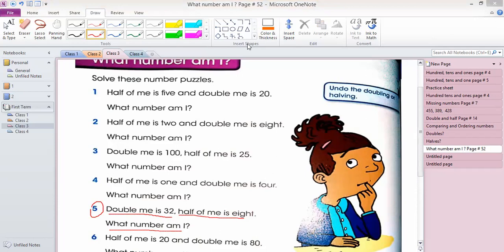Hamido, very good. Ahmad Yusuf, very good. For question number 5, answer. Look, double of me is 32 and half of me is 8. What number am I?